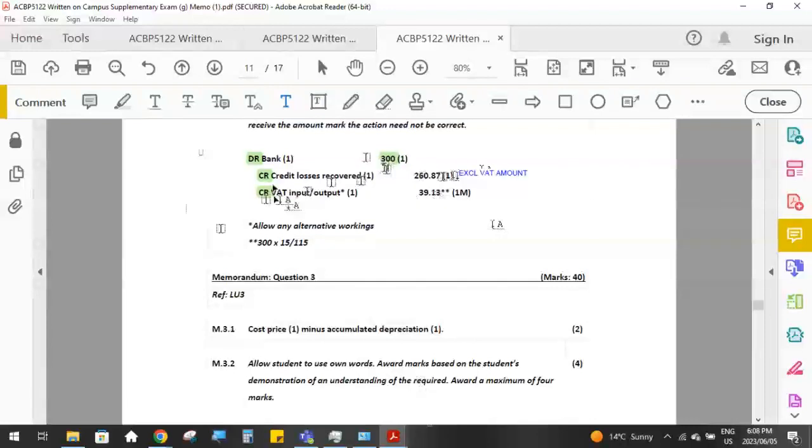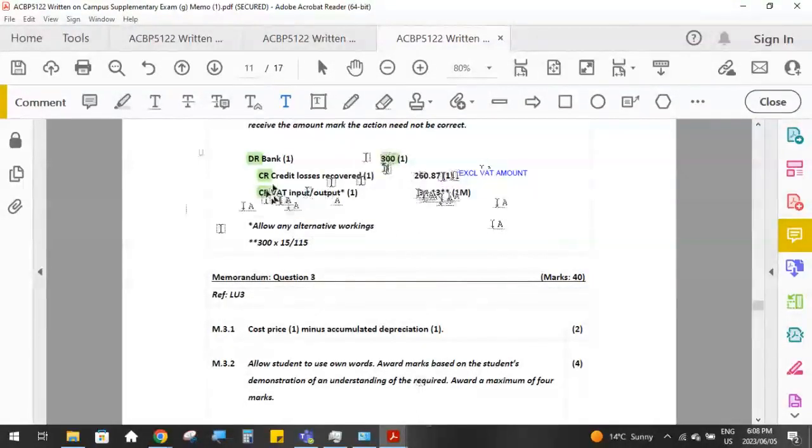And the VAT then goes to, this is going to be a liability, so this would be basically output VAT, because we now owe that 39 Rand 13 back to the receiver of revenue. Because when we wrote the debt off, we claimed that 39 Rand 13 from the receiver of revenue as a VAT refund. Now the debtor has actually paid us, so we have to pay that 39 Rand 13 to the receiver.